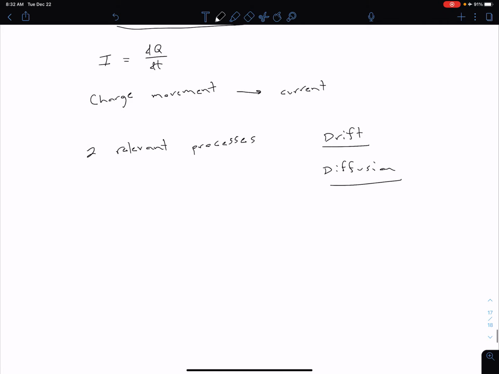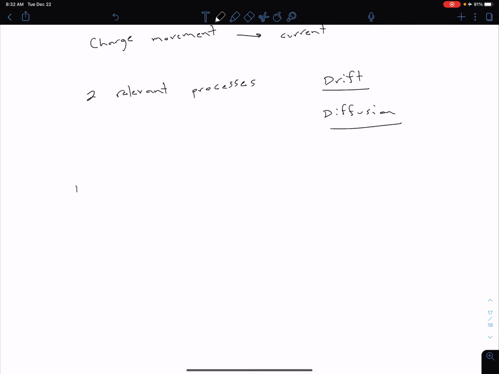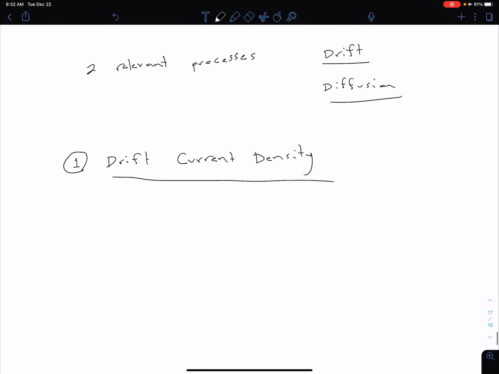And that's something that we're going to talk about in more detail once we look at actual device structures. So let's go ahead and look a little closer at this first current process, our drift current density. Notice we're talking about current density as opposed to just current. That means we're going to have this symbol, capital J, so that's our current density.